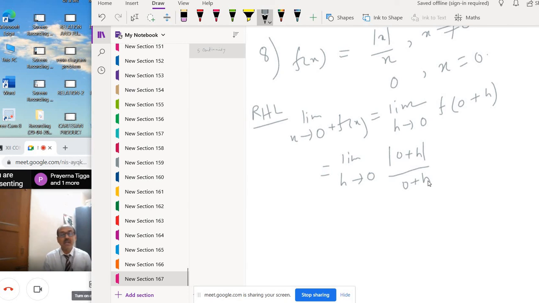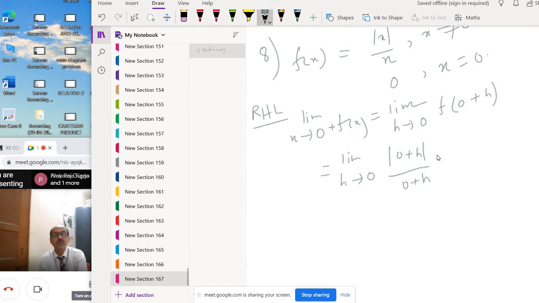We are putting x equal to 0 plus h because the formula for f of a plus h, a means the given point. In this question a is 0, so 0 plus h. If another question's point is 1, at x equal to 1, then 1 plus h.